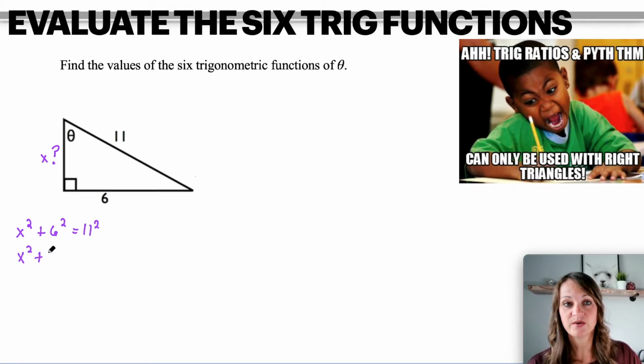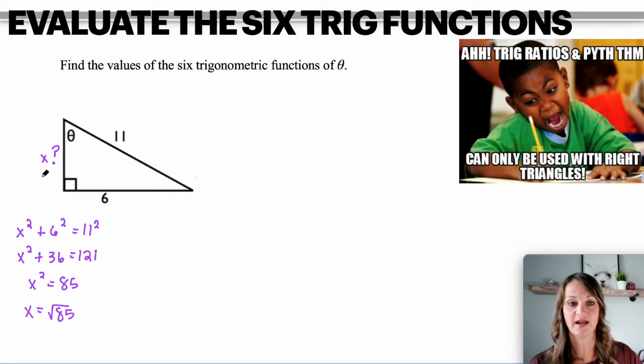So x squared plus 36 equals 121. So I know that x squared equals 85. Therefore, x is going to equal the square root of 85. Now that I know all 3 sides, I can now find the 6 trig ratios.